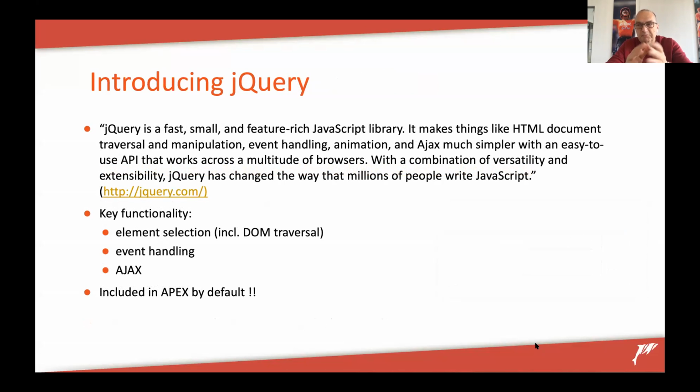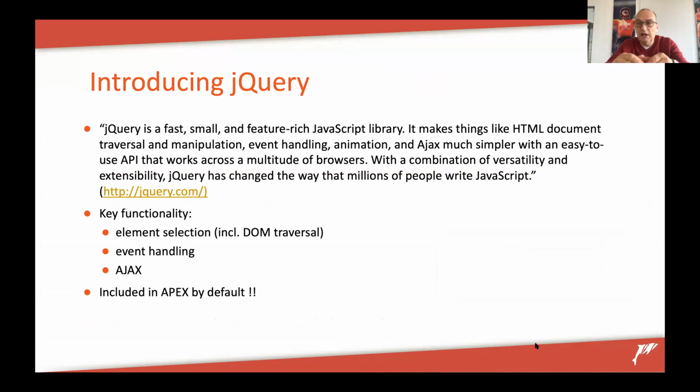Then there is jQuery. Maybe a lot of people already know what it is, but call it a query engine for the HTML that was rendered by Apex. You can select certain elements on your page and then do something with it.